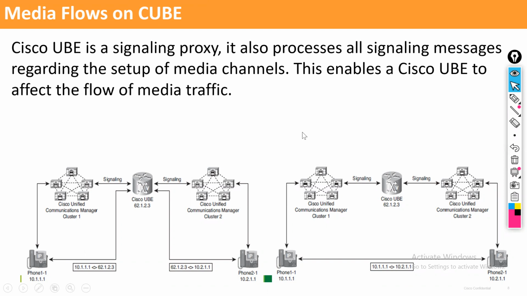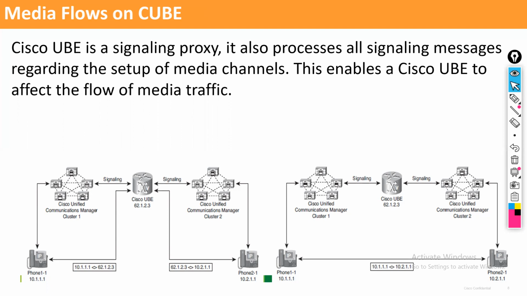If you remember, whenever we make a call, we use two protocols, right? One is the signaling protocol, another one is the streaming protocol. Which are the signaling protocols? SCCP, SIP, MGCP, and H.323. Next, which is the streaming protocol?